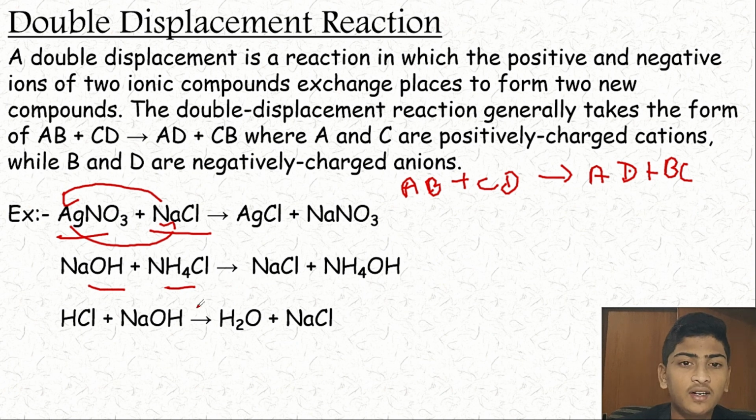Here NaCl is the salt. Or a better example is HCl, which you know is a common acid, and NaOH is a base. HCl is a strong acid and NaOH is a strong base in chemistry.